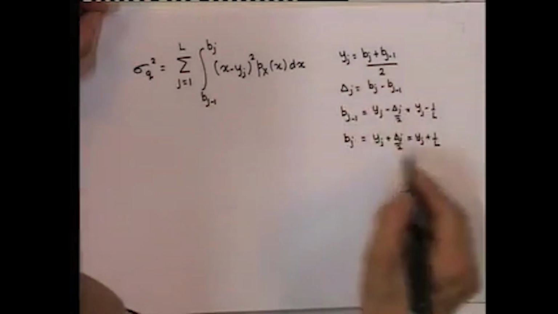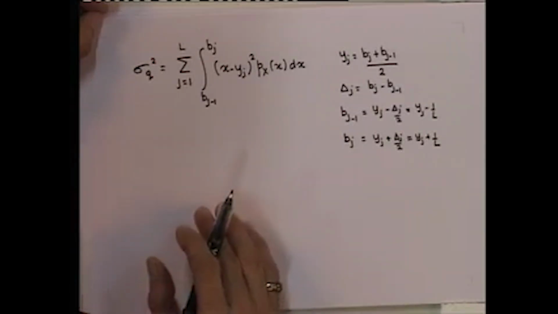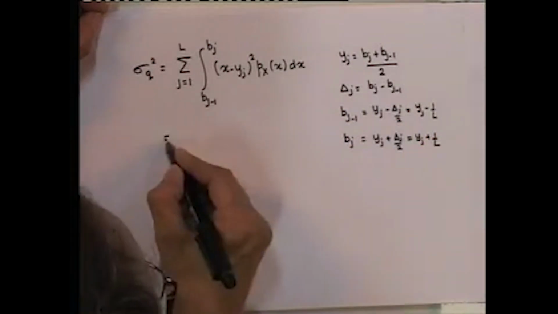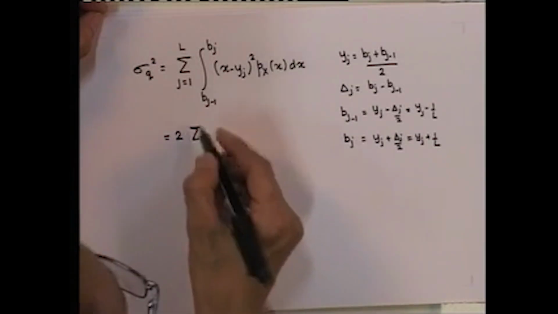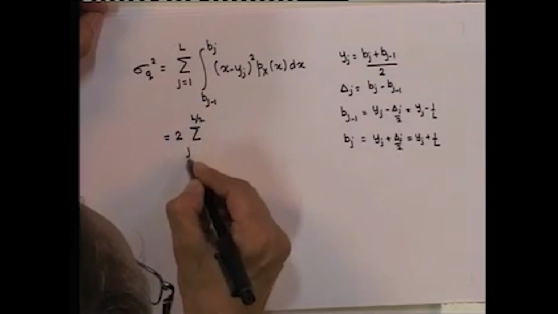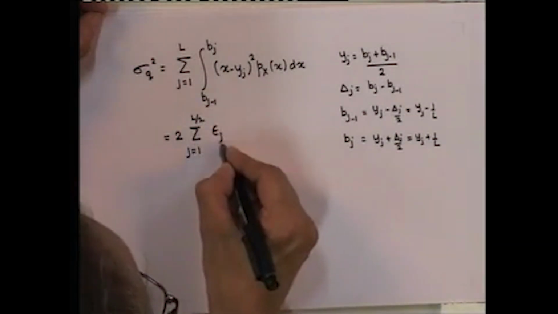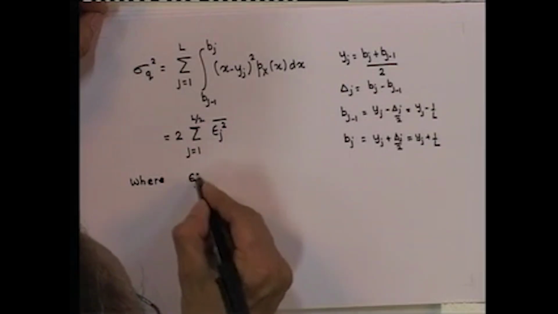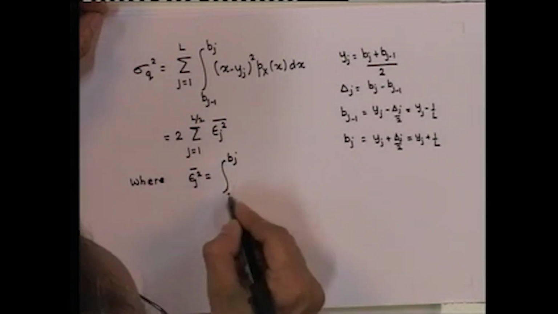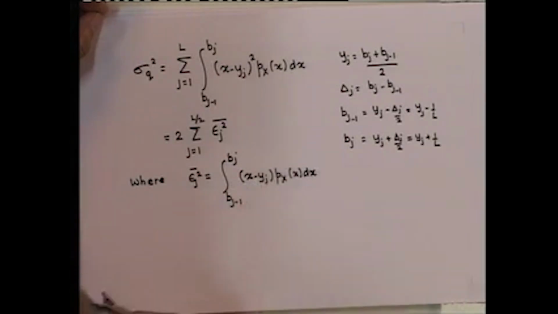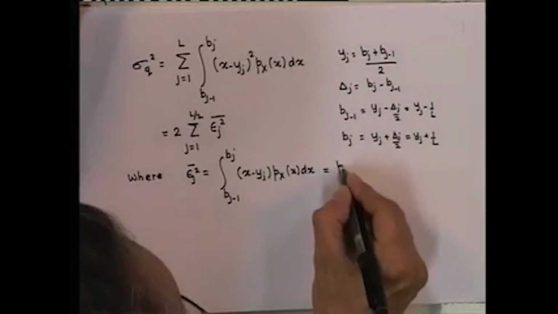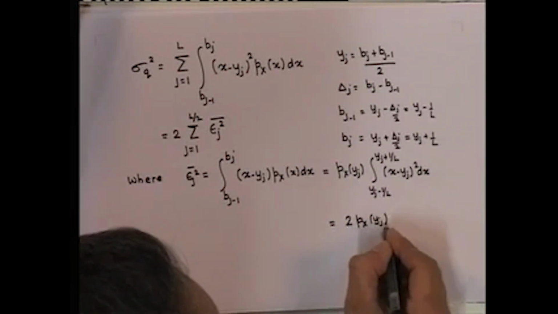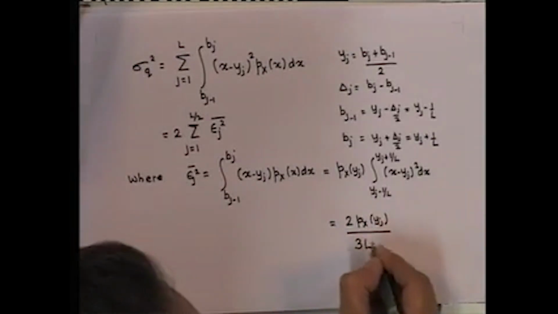Now, using these values out here, and knowing that the quantization design is symmetric, we get this equal to twice the sum from j equal to 1 to L by 2 of, where squared is equal to, and this is equal to, which is equal to 2 p y j by 3 L cubed.